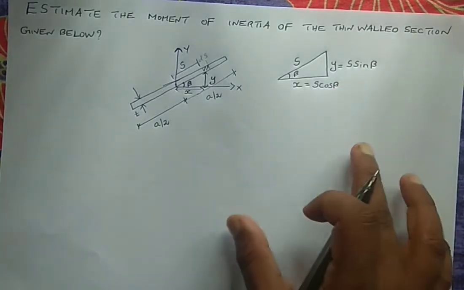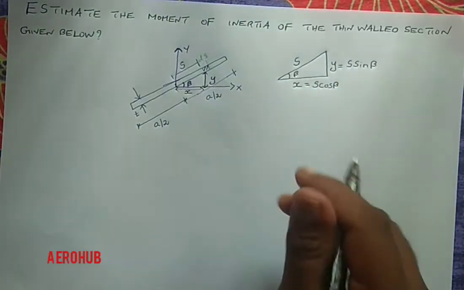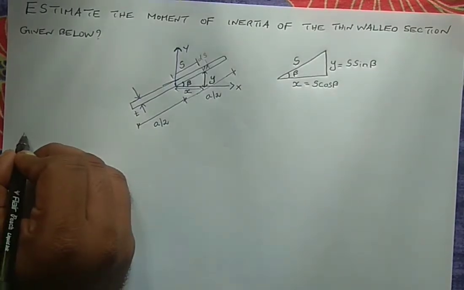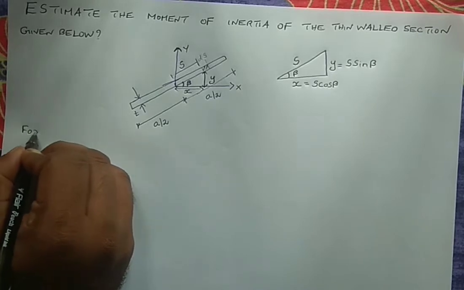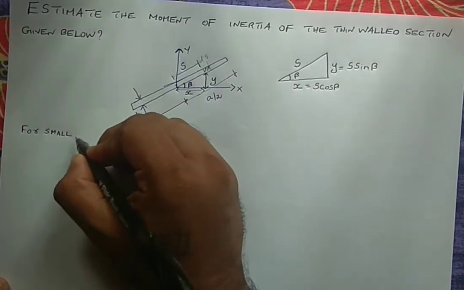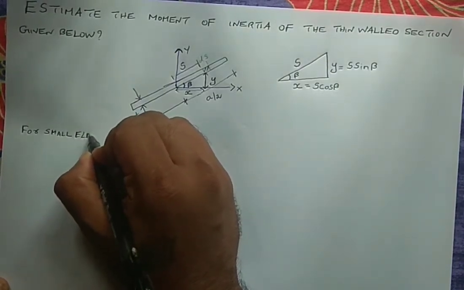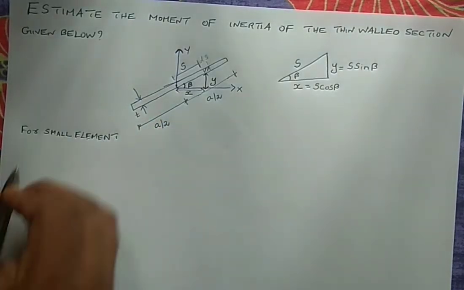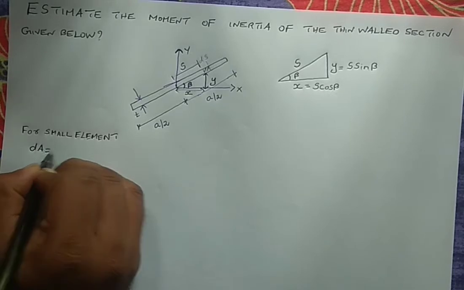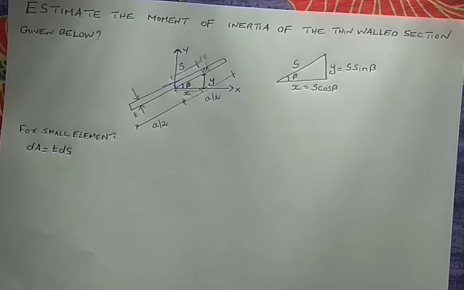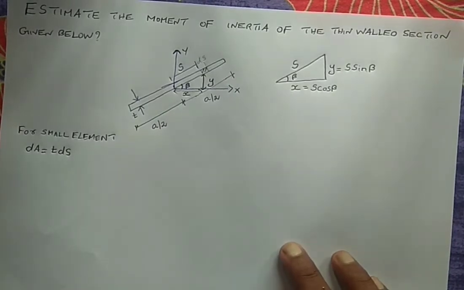For this small element, the area is dA equal to T into ds.